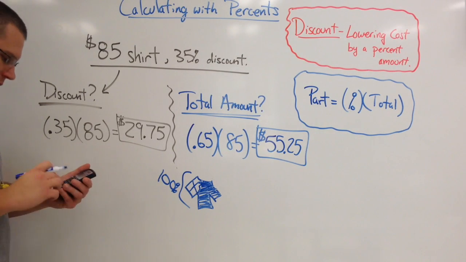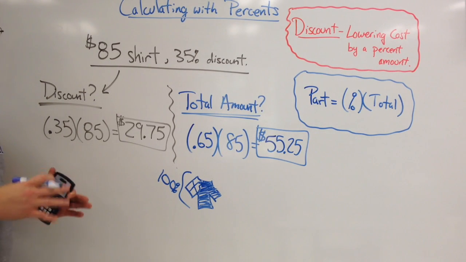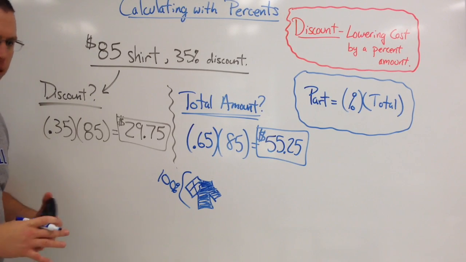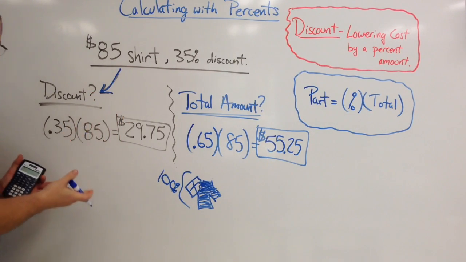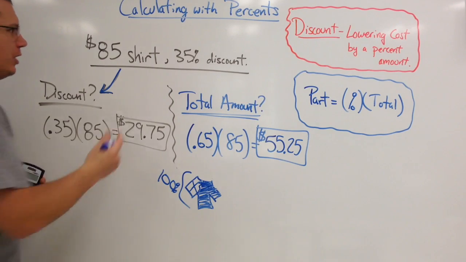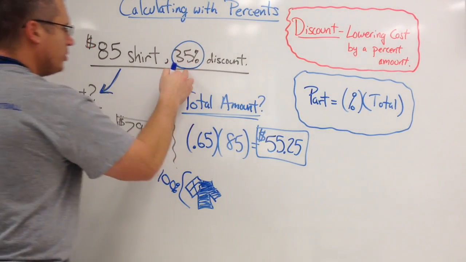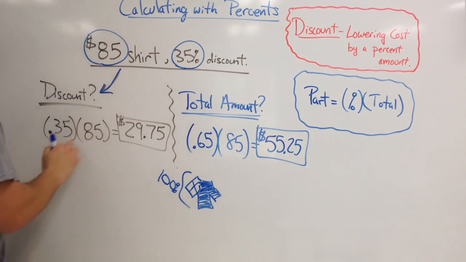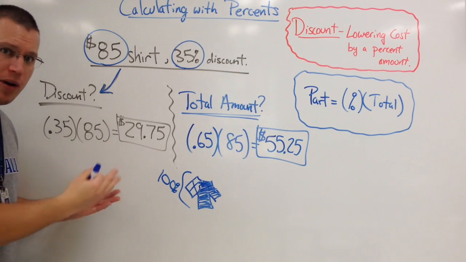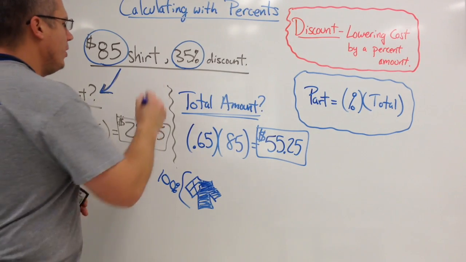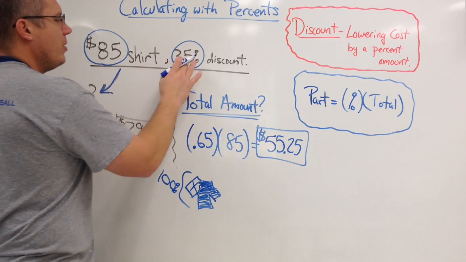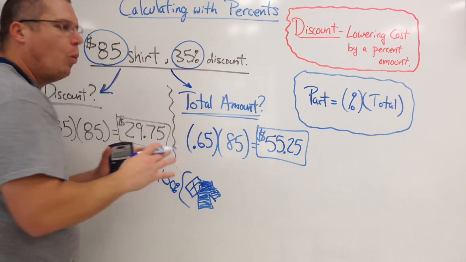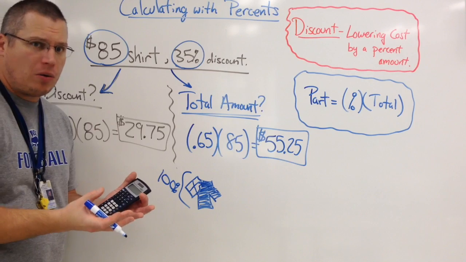These would be the two ways that you would be asked about discount. One way is they would ask, what is the discount amount? All you need to do is take your discount percent times your total, and that will tell you how much you're going to save. The second thing you'll be asked, here's my total cost, here is my discount percent, what is my new total that I owe?